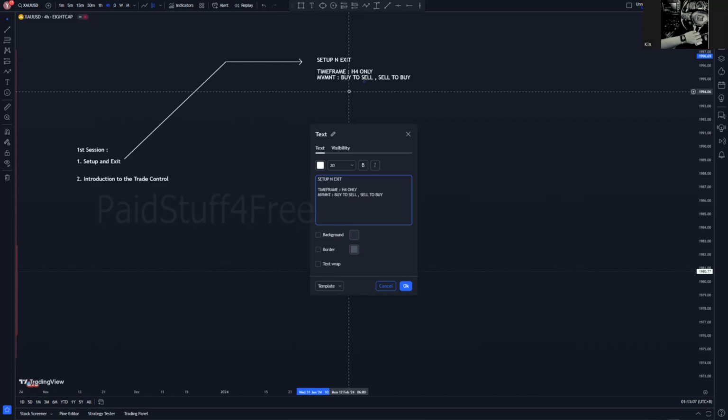If you are taking a buy on the buy setup, you are going to exit on the sell setup. If you are taking a sell setup, you're going to exit on the buy setup. It keeps repeating because the chart moves from buy to sell, then sell to buy, then buy to sell again.